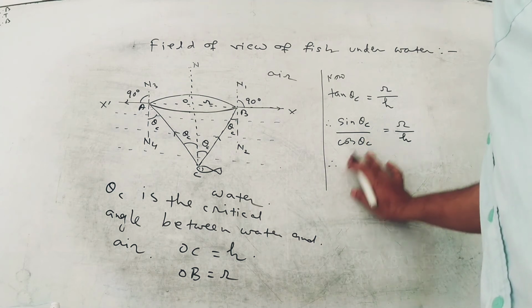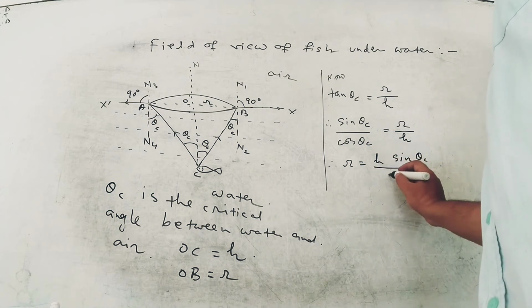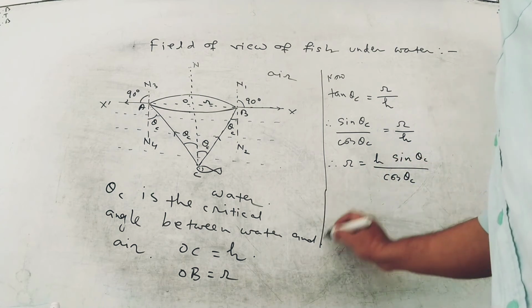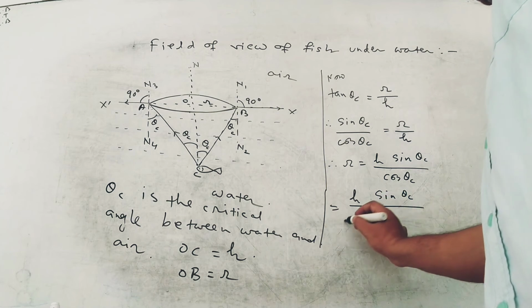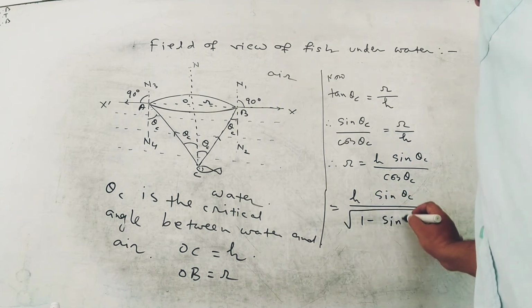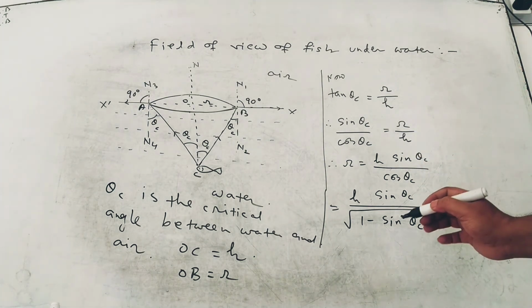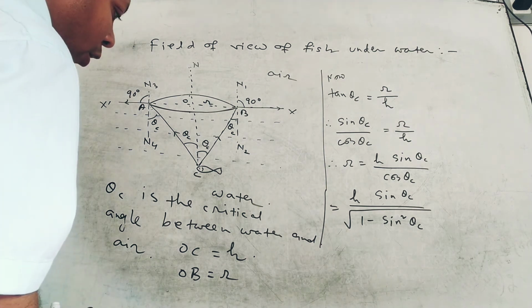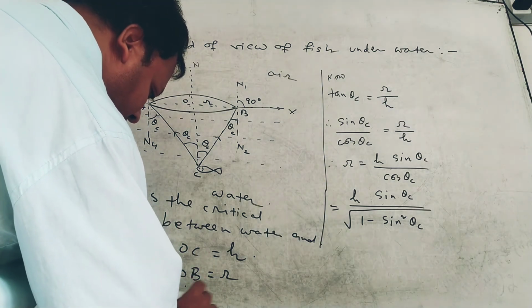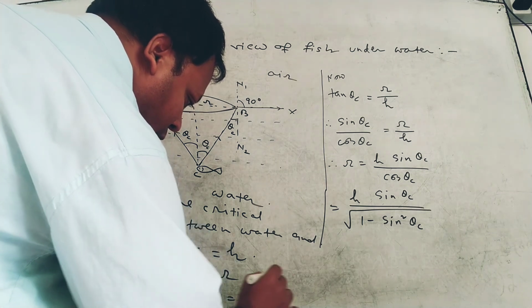This gives r is equal to h into sin theta C by cos theta C. This is equal to h sin theta C by root over 1 minus sin square theta C. We know sin theta C is equal to 1 by mu, where mu is the refractive index of water with respect to air.